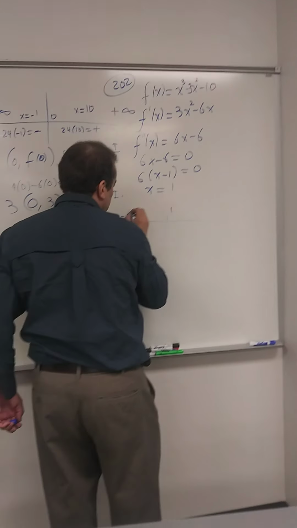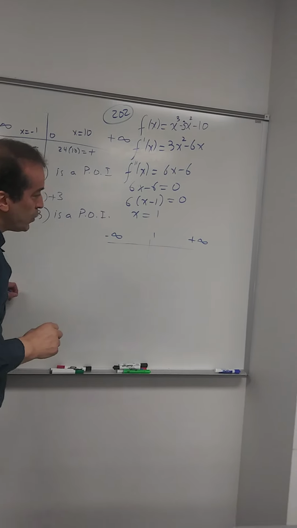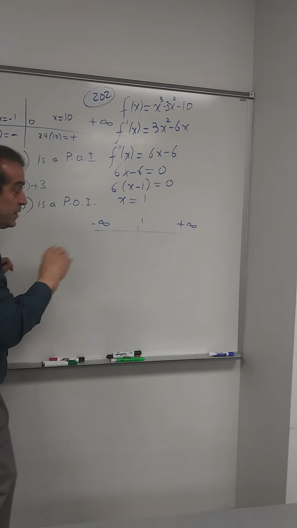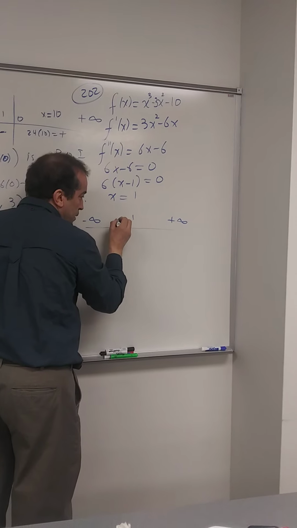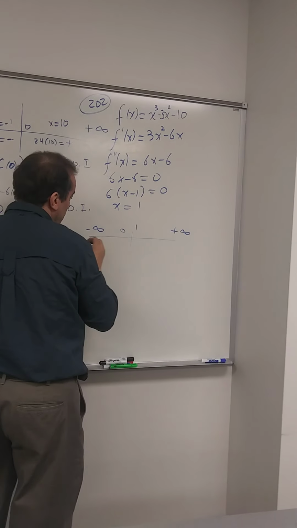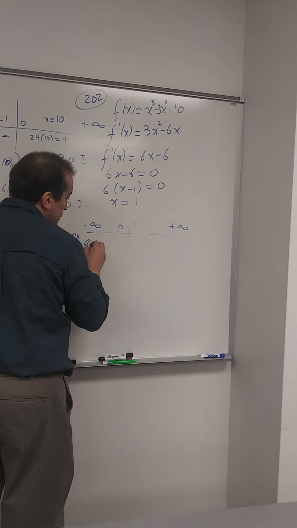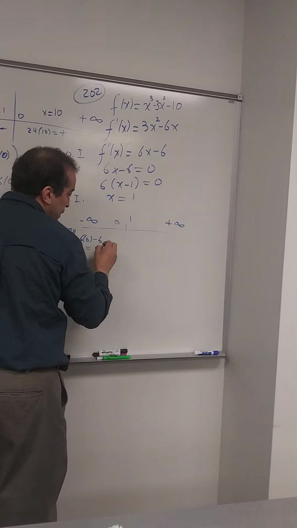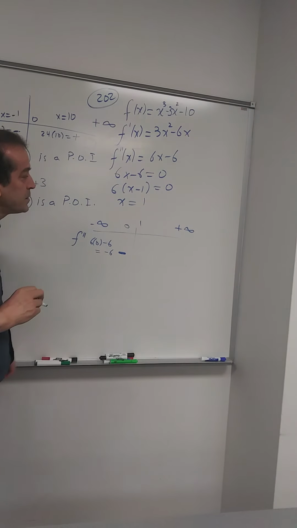Minus infinity, 1, plus infinity. We need to pick a test point to the left and one to the right. The easiest test point to pick anywhere is x equals 0. It's to the left. So let us calculate the second derivative for x equals 0. The second derivative, f double prime, is 6 times 0 minus 6. This would be negative 6, and that's negative. Let's pick a test point to the right.